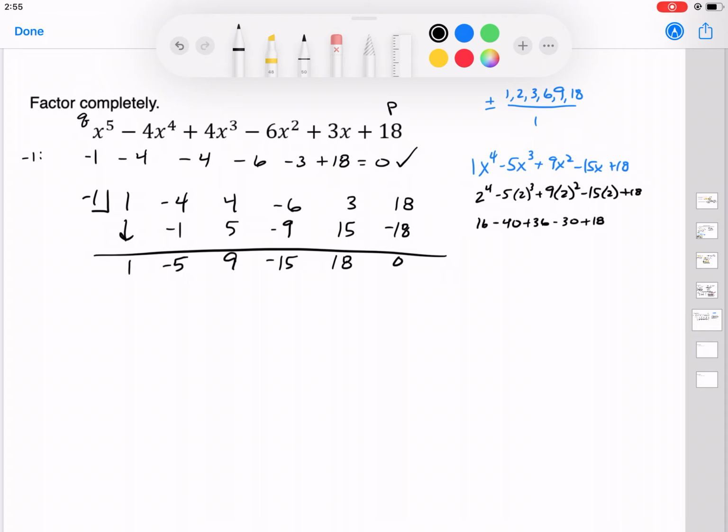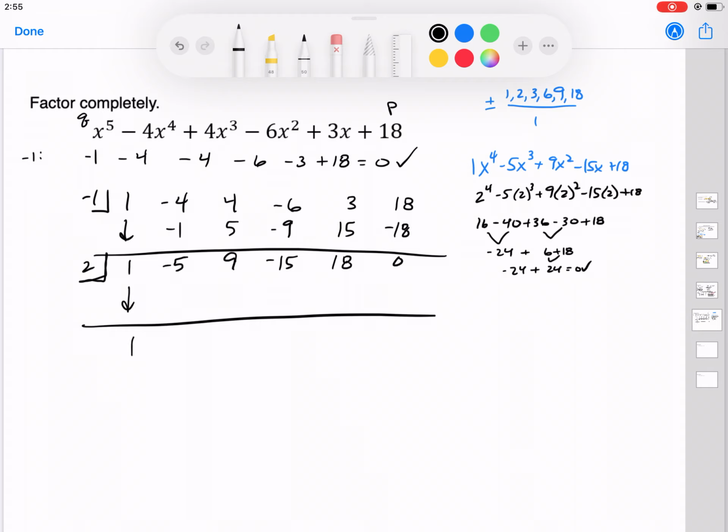I'm going to kind of go out of order because I like doing that. This is going to be a positive 6 plus 18, which is 24. And this one is going to be a negative 24. And so negative 24 plus 24 is 0. So we found our next one. So I'm going to go ahead and put 2 in this box.